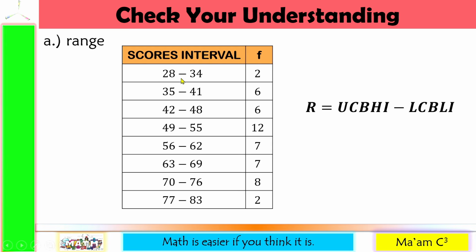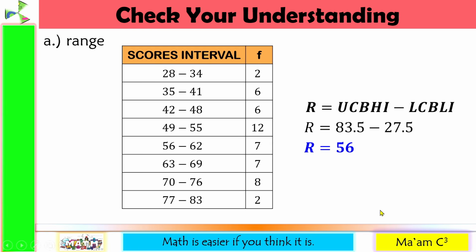This is the lowest interval, and the lower class boundary is 28 minus 0.5. So that is 27.5. So again, the upper class boundary of the highest interval is 83.5, and the lower class boundary of the lowest interval is 27.5. 83.5 minus 27.5 is equal to 56.